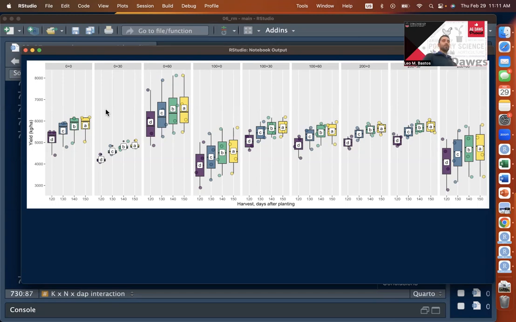This is one of the ways you could show this data. But if your goal is to show maybe the other way around as we were doing as far as taking one date and comparing all treatments inside of it, you have to change your EMEs. You should also change the way you show your data, because that is going to lead the intuition of your audience on how they would interpret it.